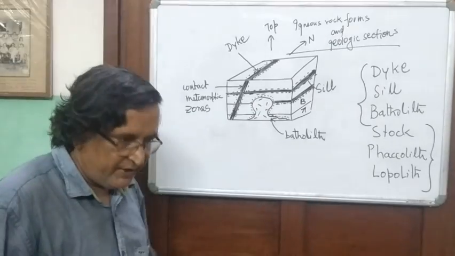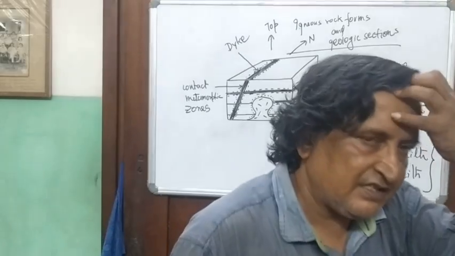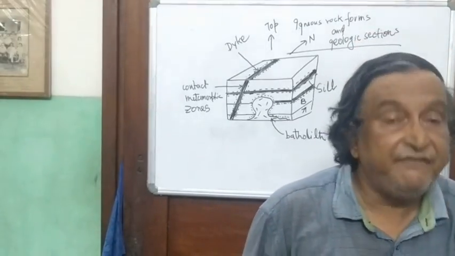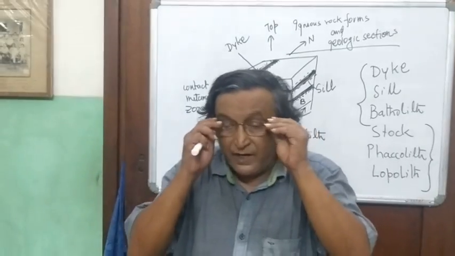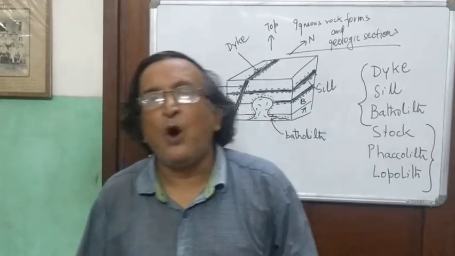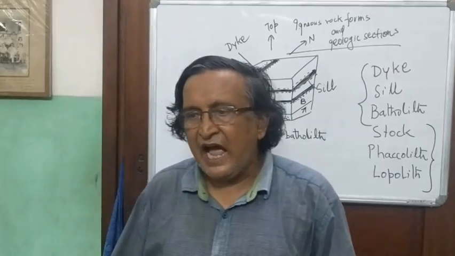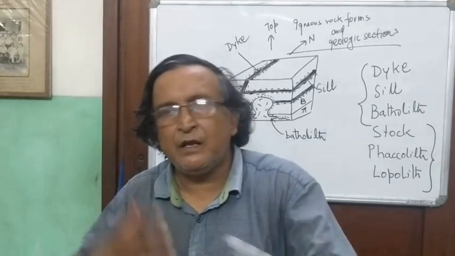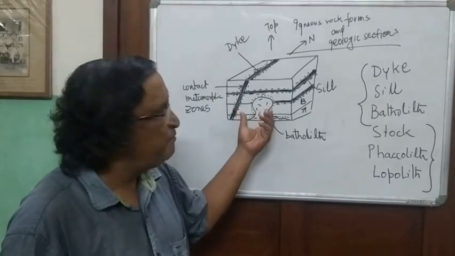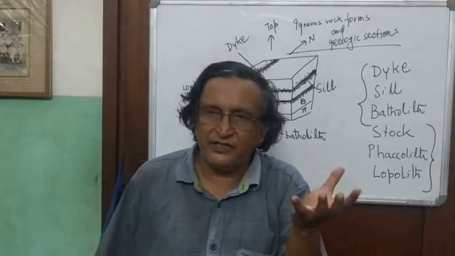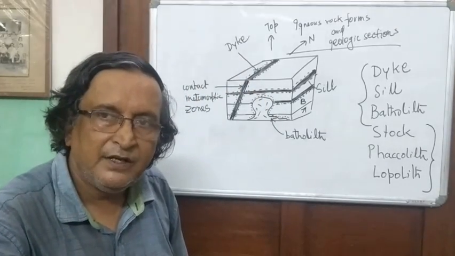batholiths are formed by magmas which are very viscous. Why? We will talk about this later. It is because of the silicon-oxygen bonds, which are strongly covalent bonds. They have tremendous polymeric constitution in this batholith-forming magma, which is called felsic magma, silica-rich magma.